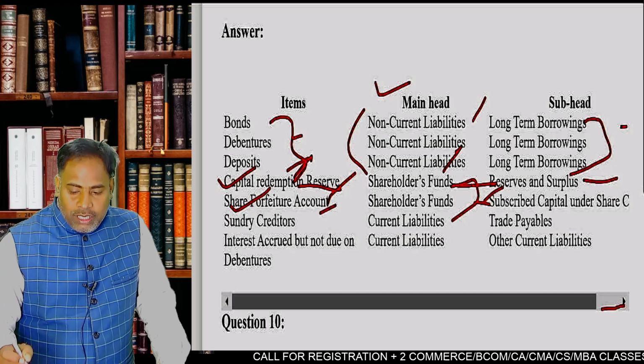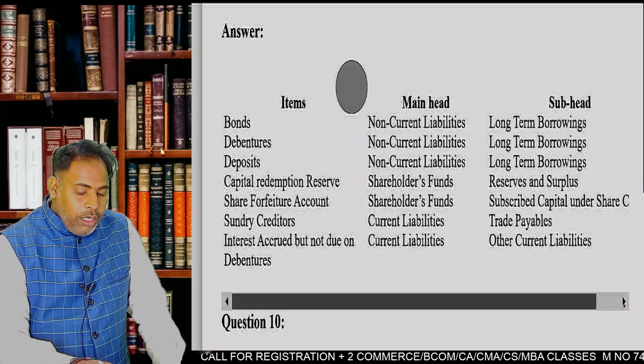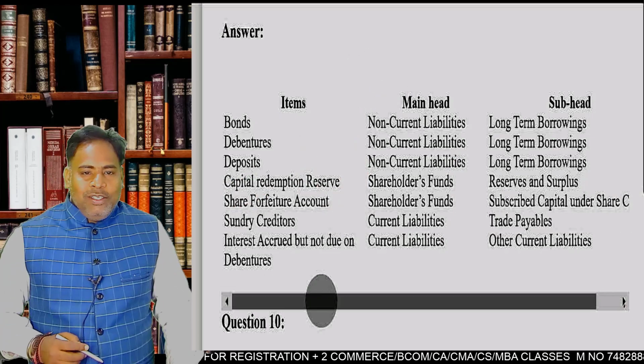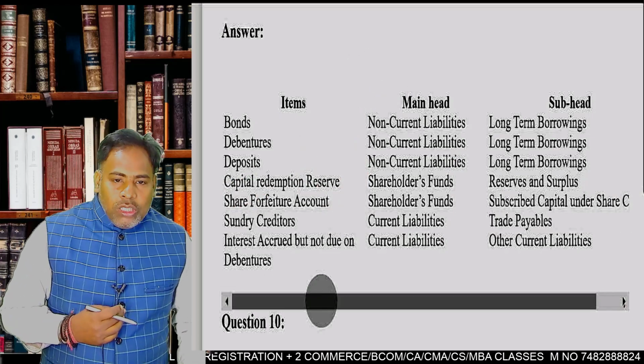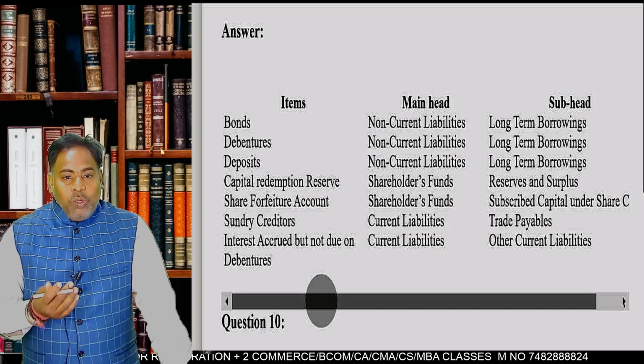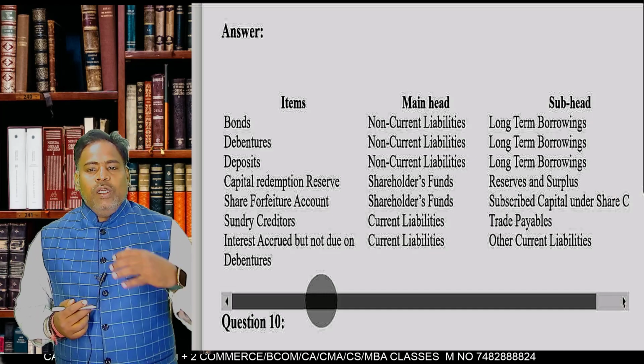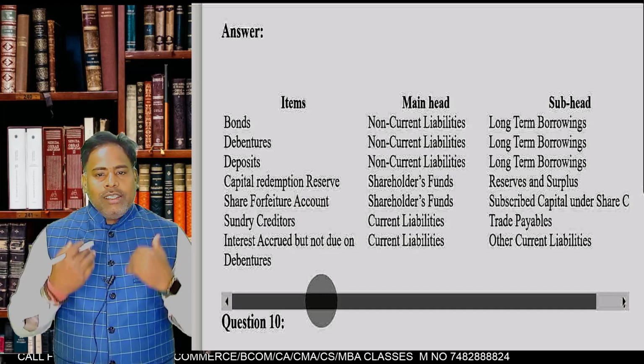Then sundry creditor. Creditor means who is the person? The person to whom you have sold the goods, or no? No. You have to pay creditors. Debtor, you have sold the goods, you have to realize the cash.